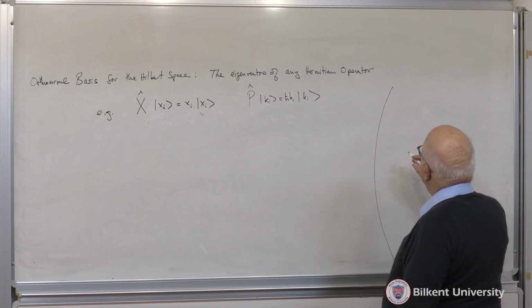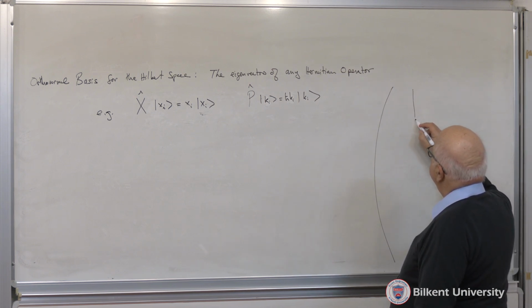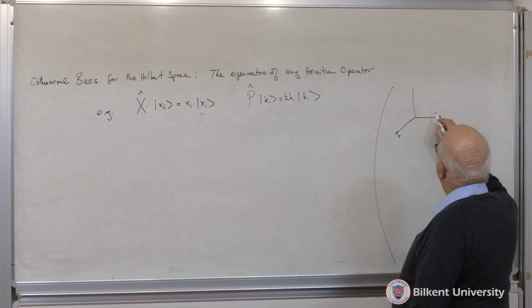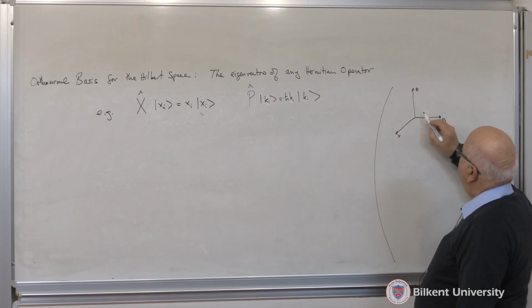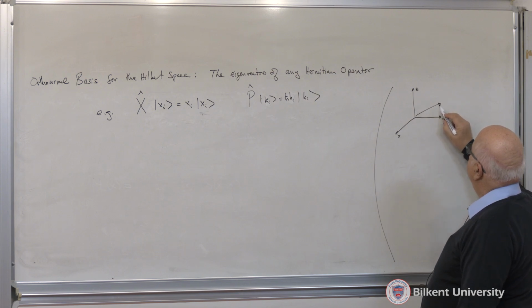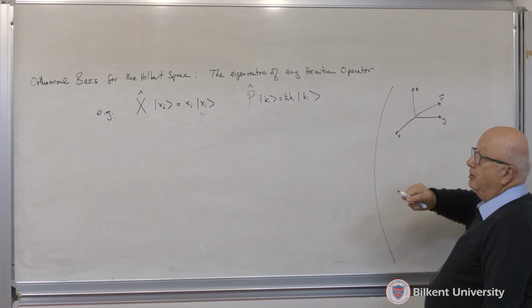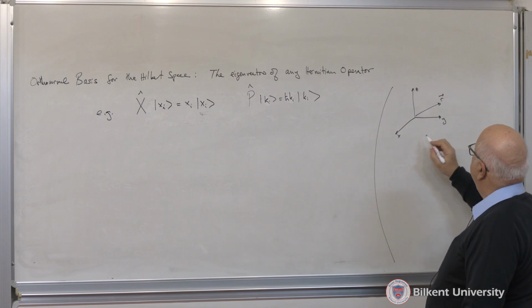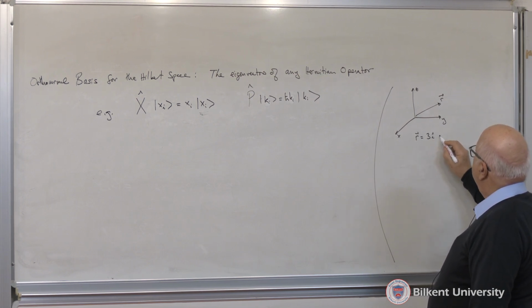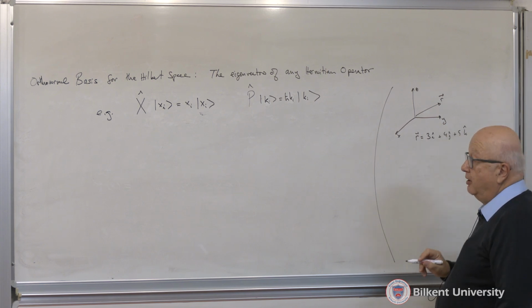Suppose I am working in 3 dimensions, x, y, and z. And I have a vector here, r. Let me assign a value to r: r is, I don't know, 3i plus 4j plus 5k.